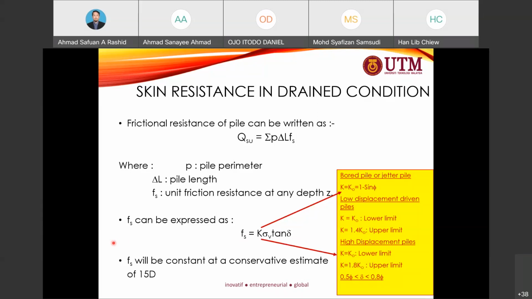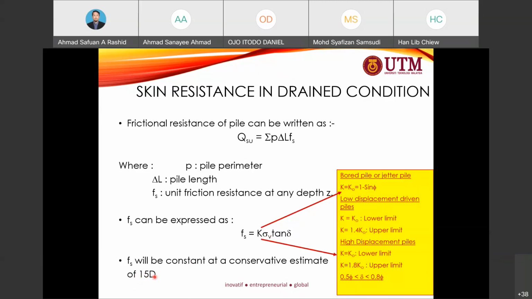Okay, so Fs will be constant at a conservative estimate of 15D. The sigma V will depend on the depth up to 15D.